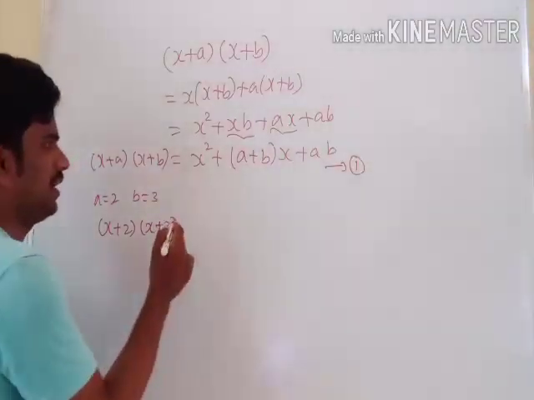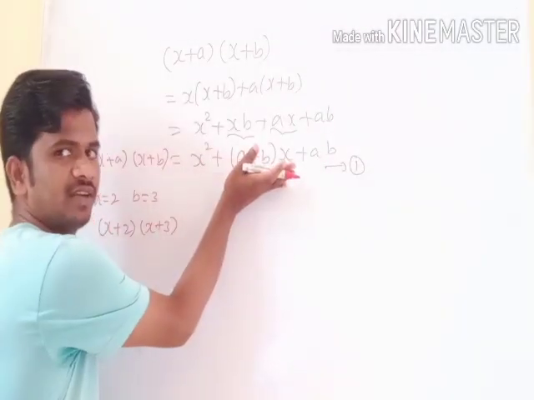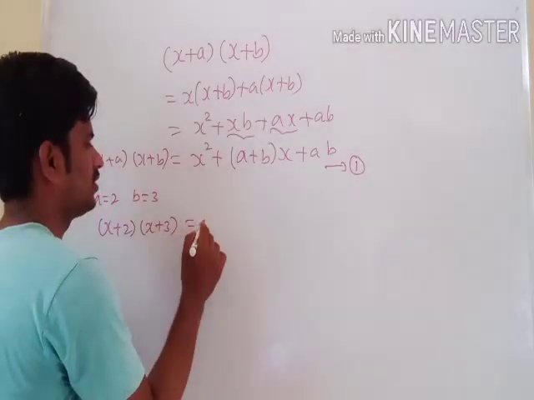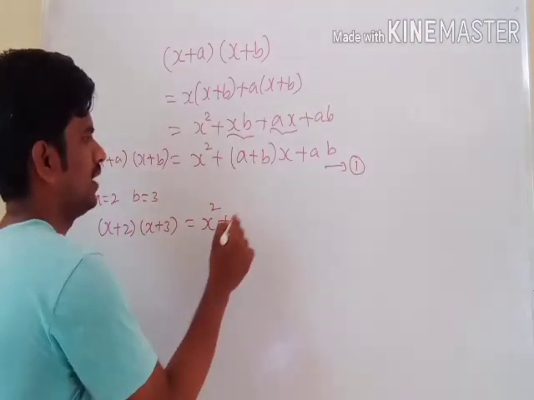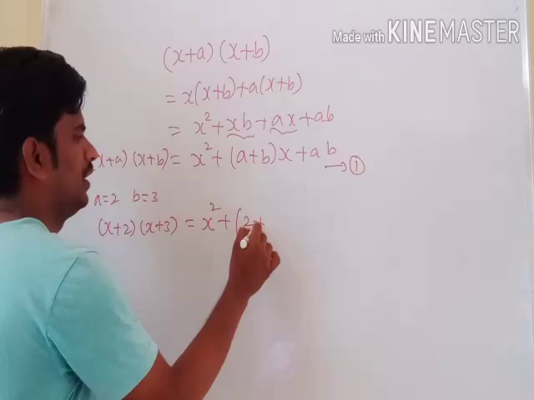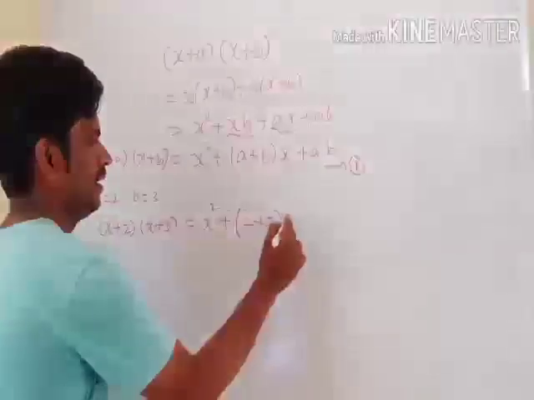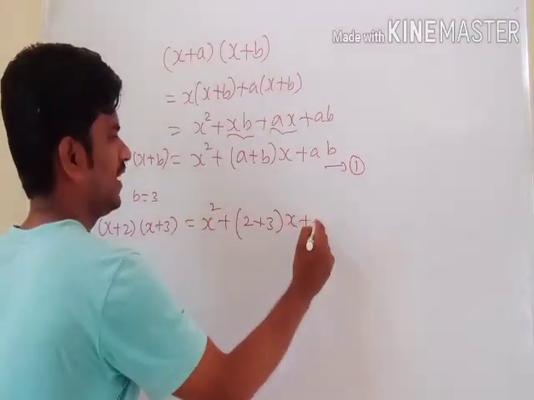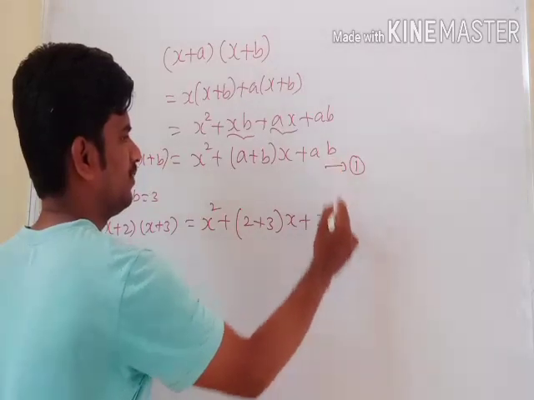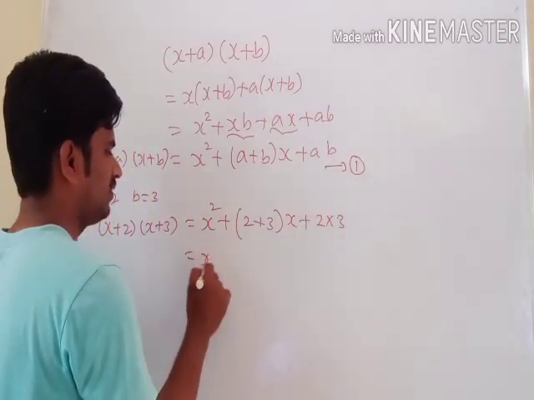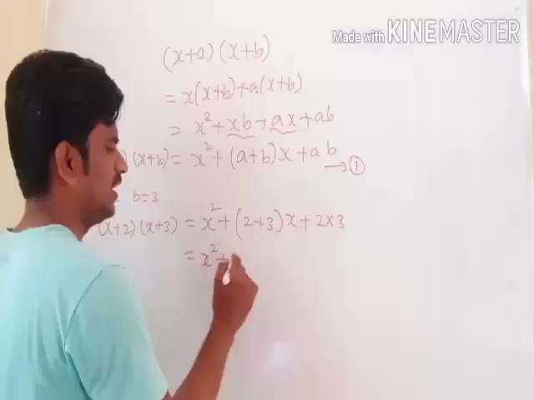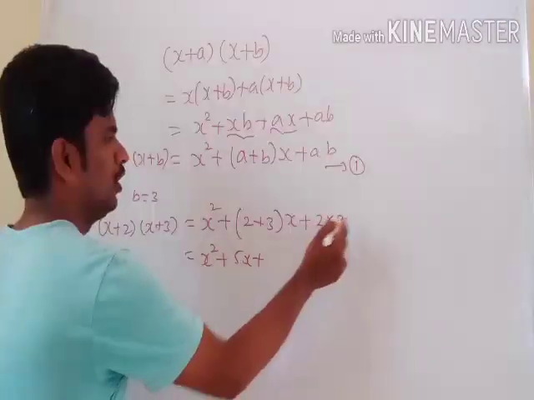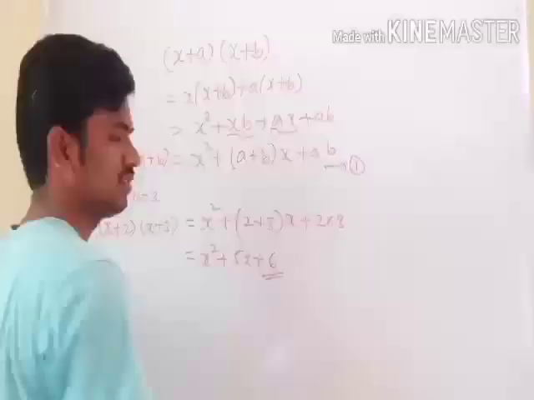Then by using this equation directly we can write the solution: x^2 plus, in the place of a 2, in the place of b 3, into x as it is, plus a into b, 2 into 3. So we can write this one as x^2 plus (2 plus 3 is 5) into x plus 2 threes are 6. This is the solution.